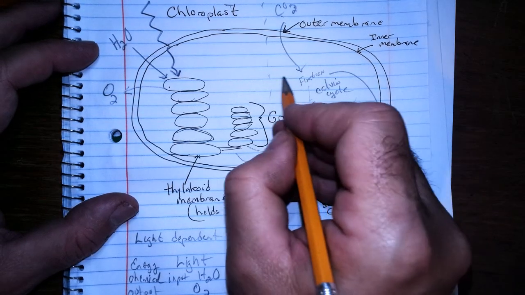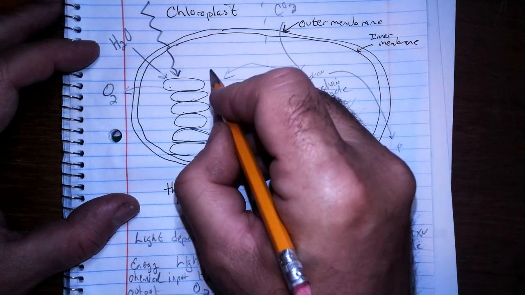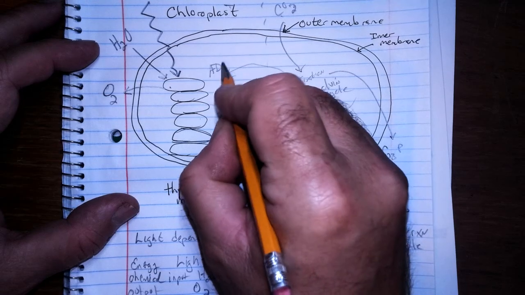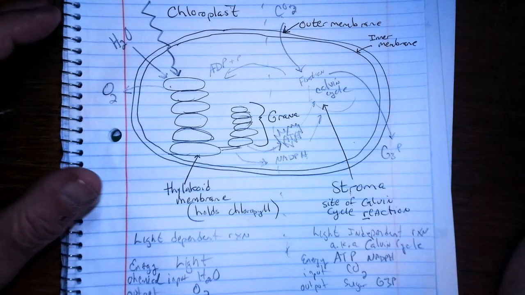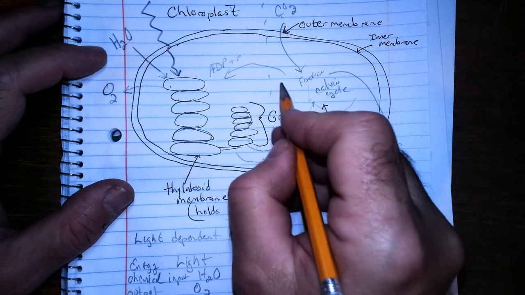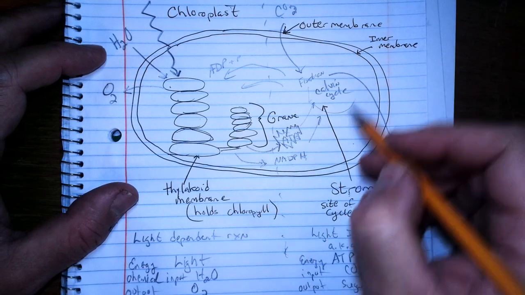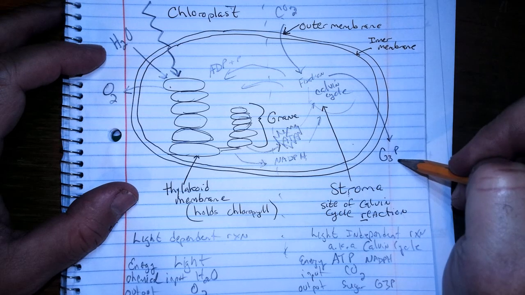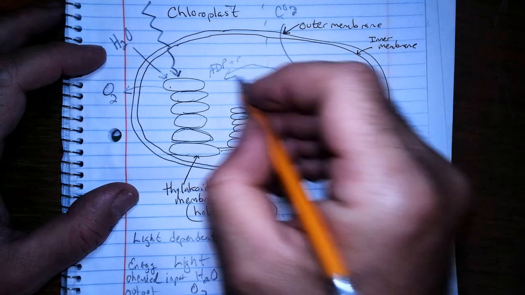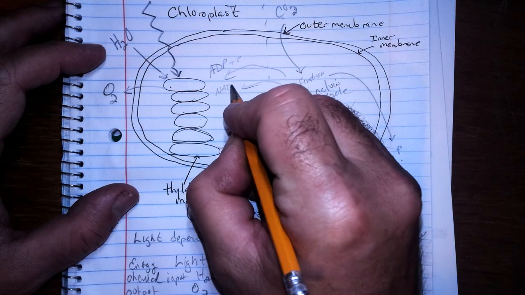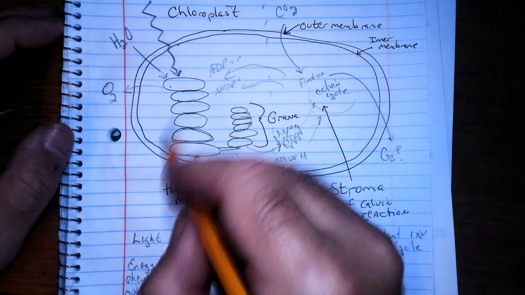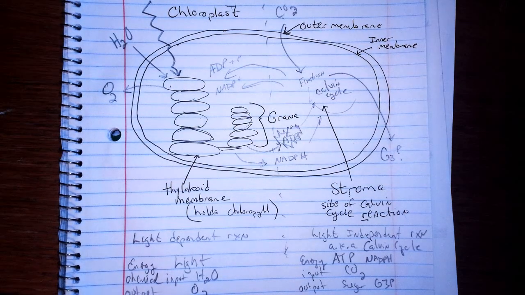But to do that, the energy of ATP is going to be used. It's going to remain as ADP plus a phosphate. So it's going to go over here and get recharged. And the hydrogen from the NADPH is going to be used to reduce the CO2 to sugar molecule. So this is now going to be NADP+ back over here.